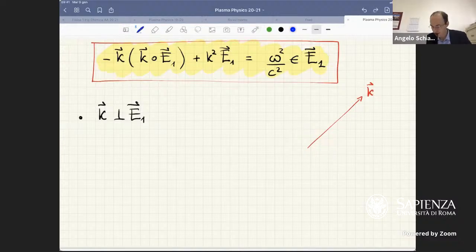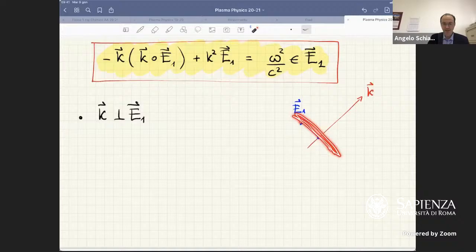Let's do it again. Maybe like this, better. And this is A1. As you've seen, I put a back-to-back arrow to mean that k is the propagation direction of the wave, and the electric field will be oscillating up and down in a perpendicular direction to the k vector.